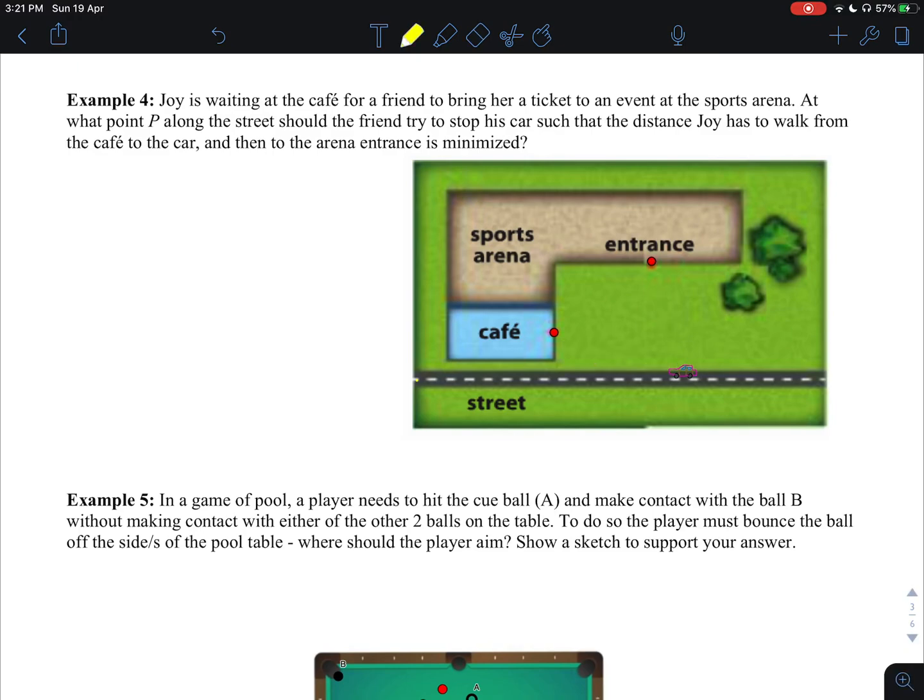Okay, and so to do this question correctly, I'm going to draw in the street over there, and I'm going to use that as a line of reflection.